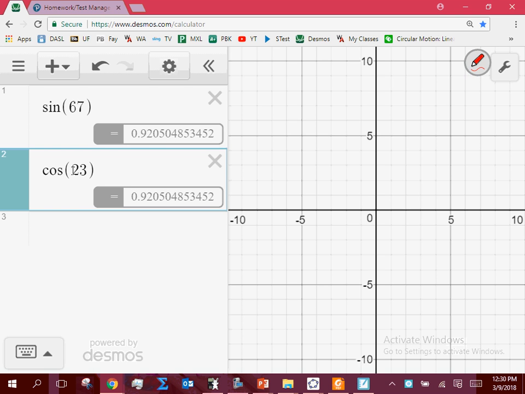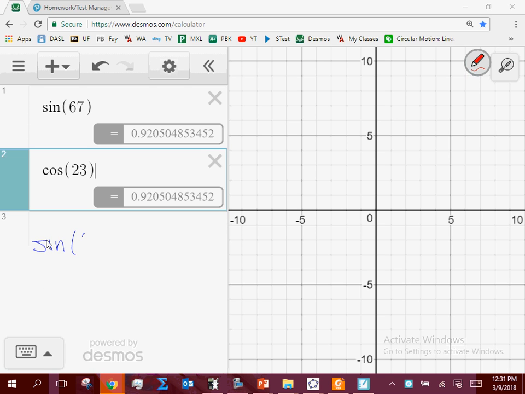As long as they're complement angle measurements, I can find out that they're equated. Usually the way we write this, usually the argument is that the sine of theta is equal to the cosine of 90 minus theta, or the cosine of theta is equal to the sine of 90 minus theta.